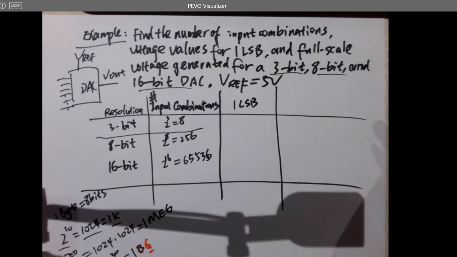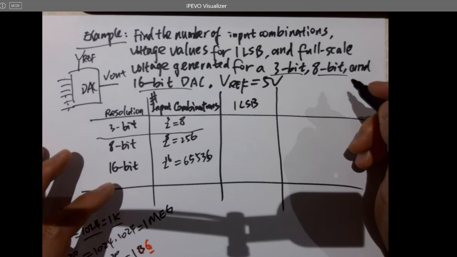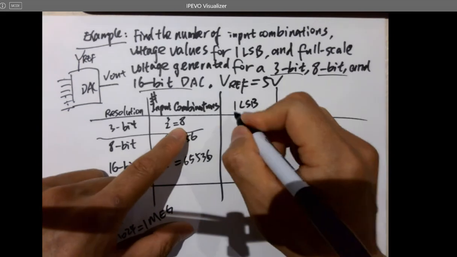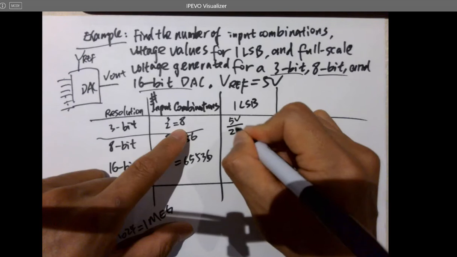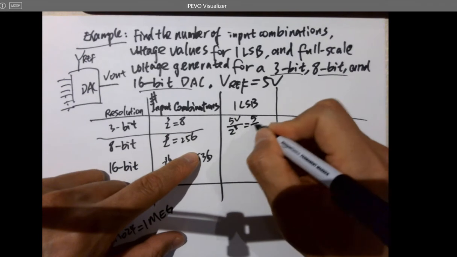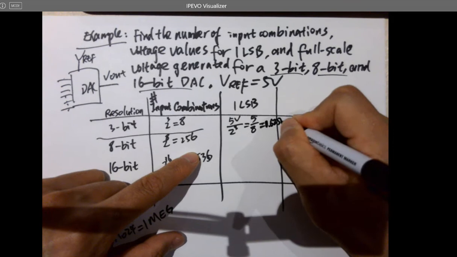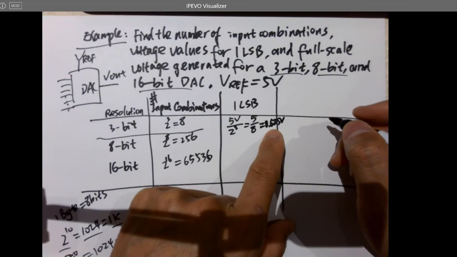That's the resolution. 3-bit is a very poor resolution, right? There are only 8 steps to split that 5 volts. So 1 LSB is going to be 5 volts over 2 to the 3rd, which is 5 over 8, which is what? That's 0.625 volts. That's every single step. Anything lower than that cannot be resolved. That's the sensitivity of this ADC or DAC.